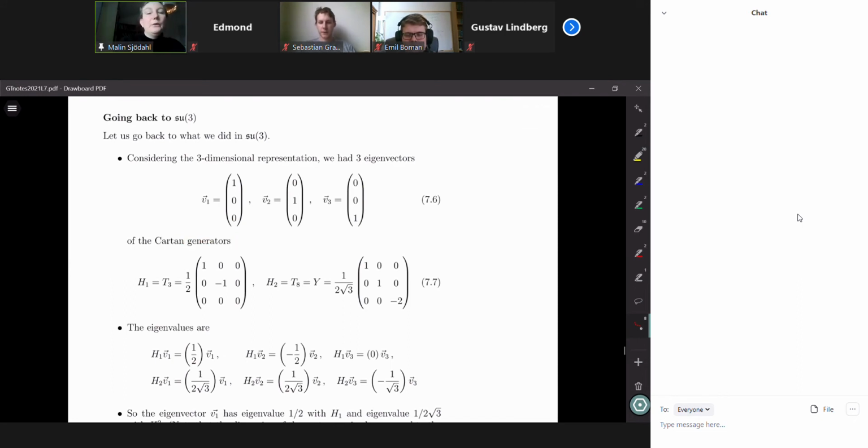And we had for SU3 two of them, so we take H1 to be T3, and it was essentially a sigma matrix here, sigma 3. And we take H2 to be orthogonal to this and diagonal, and that gives us this form here.